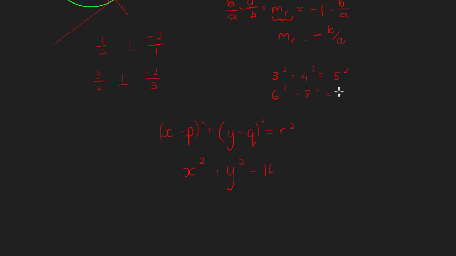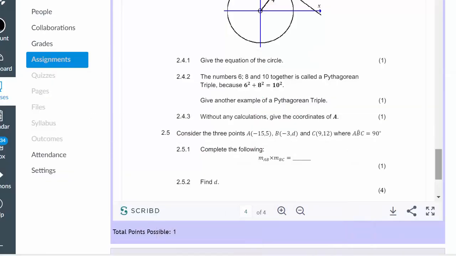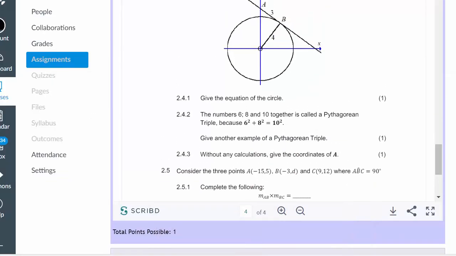So that was really a very easy question, but it was given to let you see that Pythagorean triples are numbers that can make up a right-angled triangle, because 3 squared plus 4 squared gives me 5 squared.